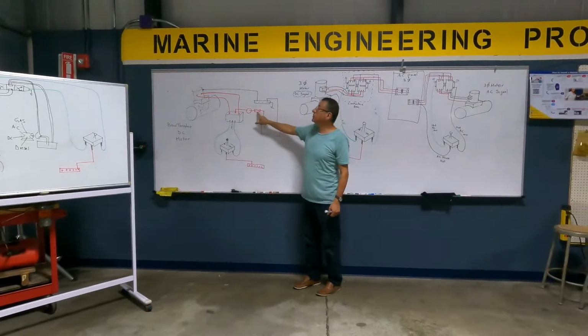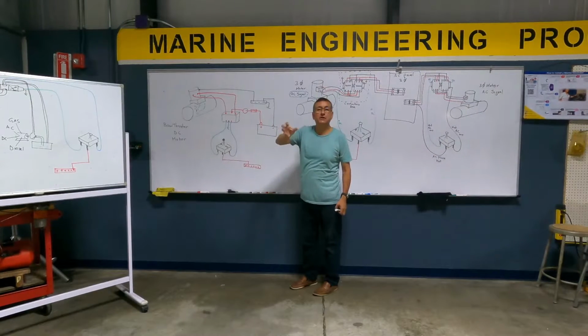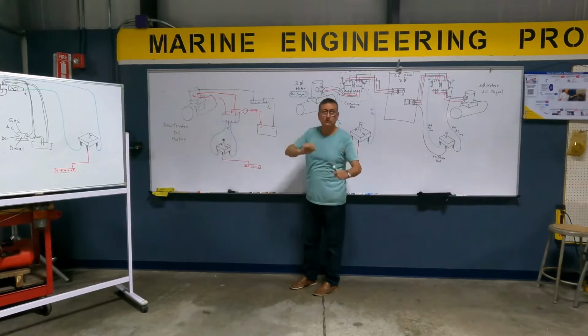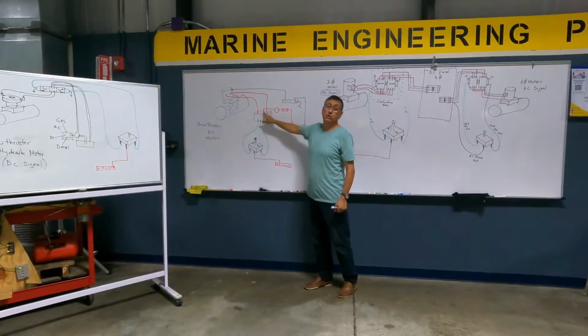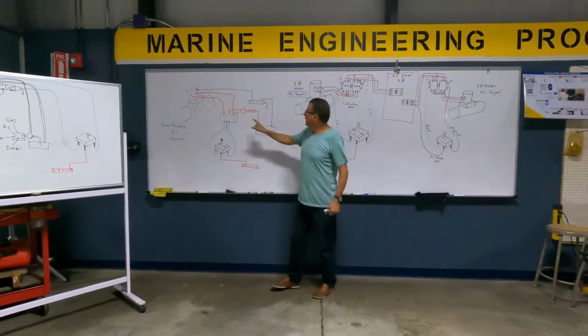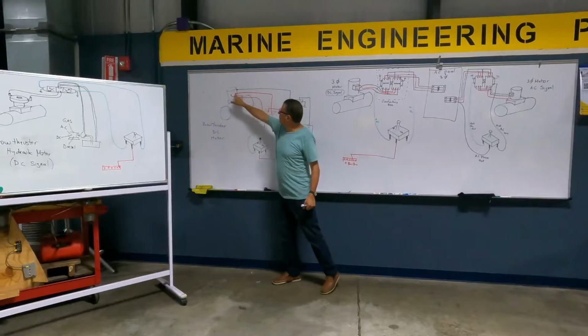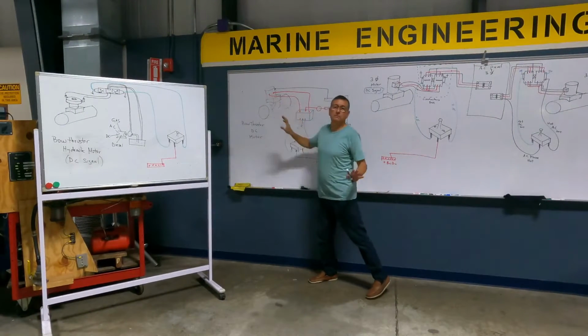From the battery, passing through the battery switch selection. Main power enters here, good power, no? Solid power, solid cable, solid terminal. And a good cable here for clockwise, and another good cable here for counterclockwise.